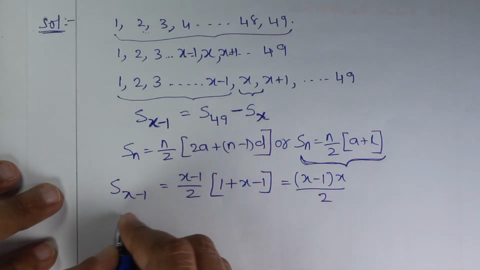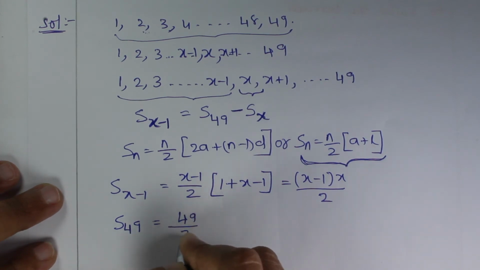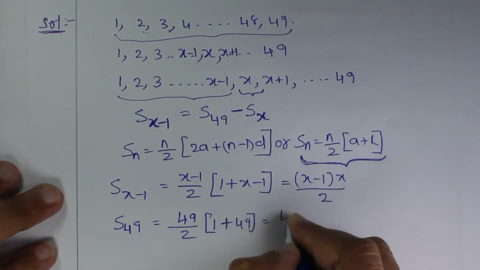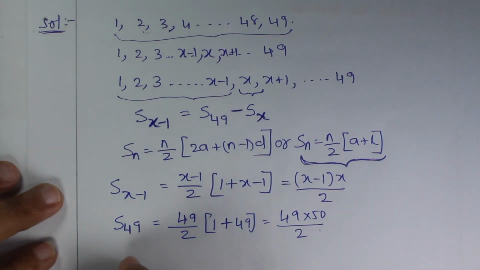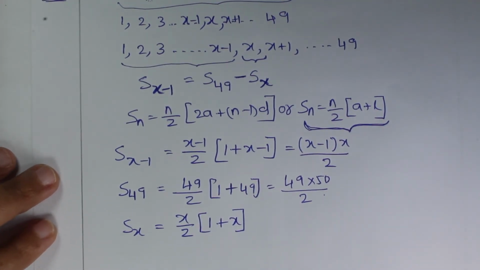Now S49 is equal to 49 by 2 into a, which is 1, plus L, the last term, which is 49. That is equal to 49 into 50 by 2. Now Sx is equal to x by 2 into a, which is 1, plus the last term x. Hope this is clear for you.